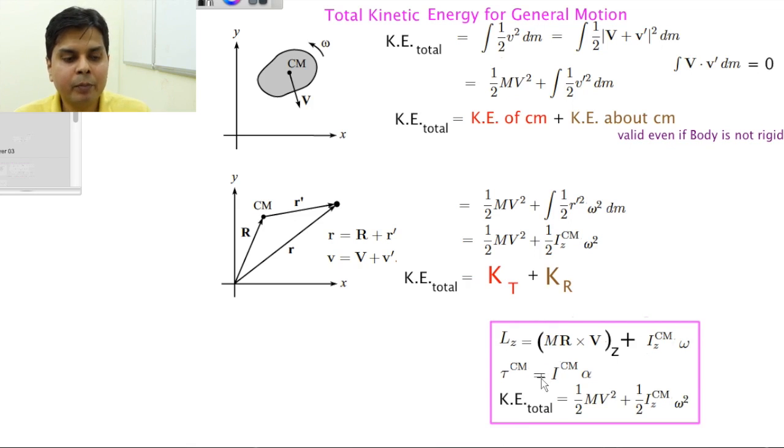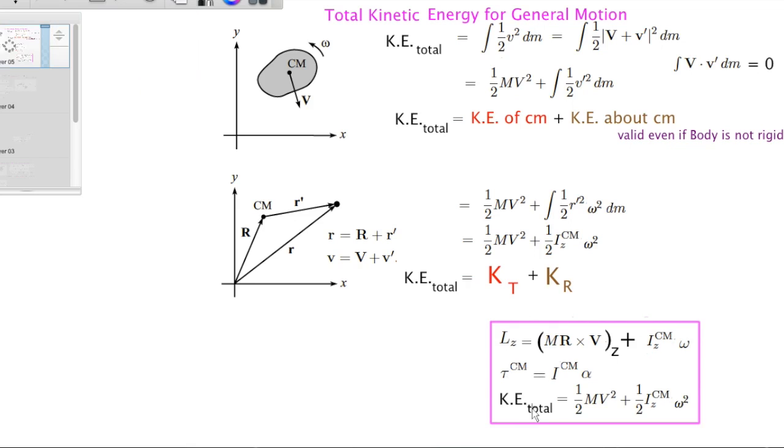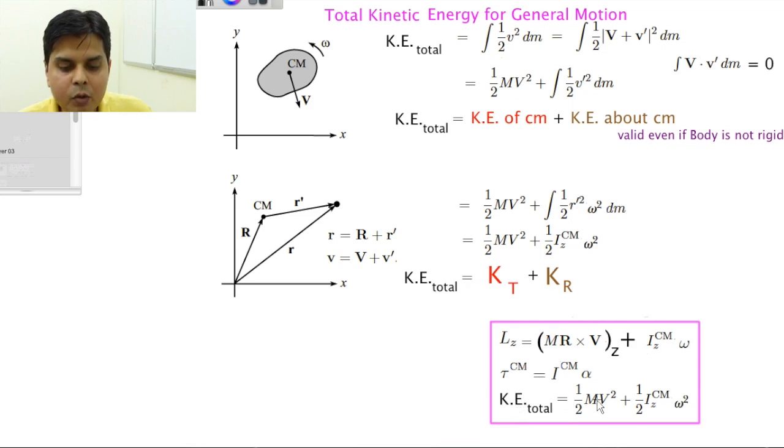You might be thinking why I am giving so much attention on this aspect, because most of the rotational problems you are dealing with are rolling of say a sphere down an incline, or say a car which is accelerating and rotating. In those cases, that axis of rotation is accelerating, so you should make use of this formula. And total energy K total is half mv square plus half Iz center of mass omega square.